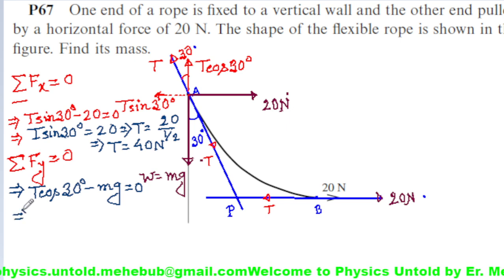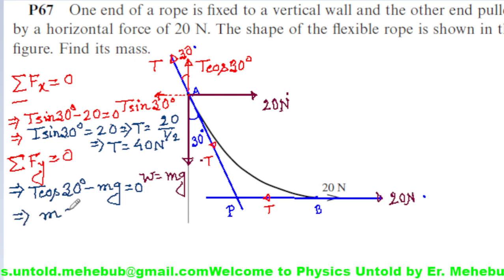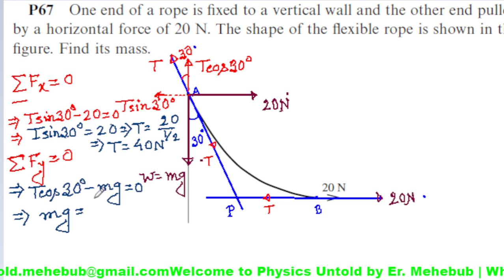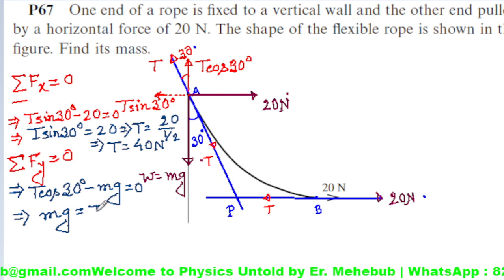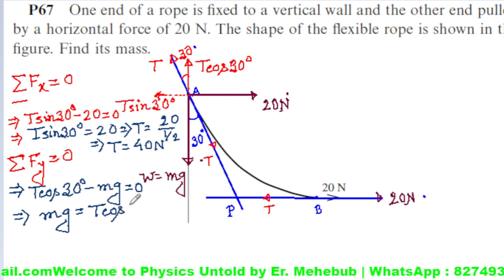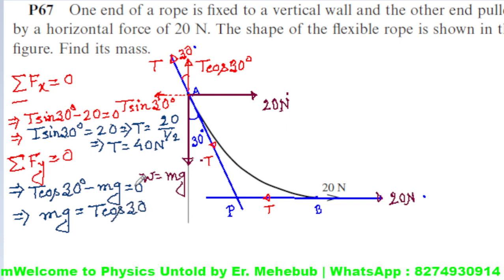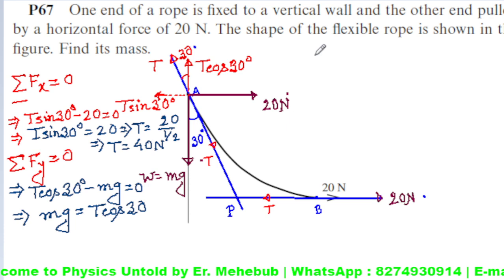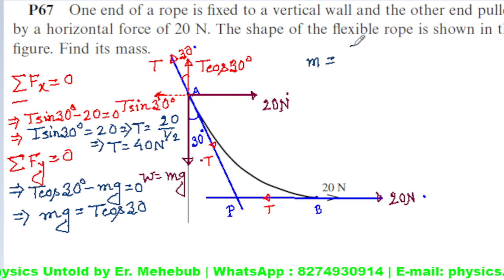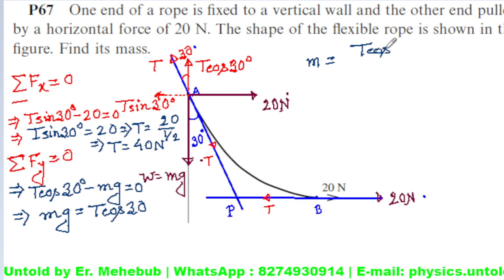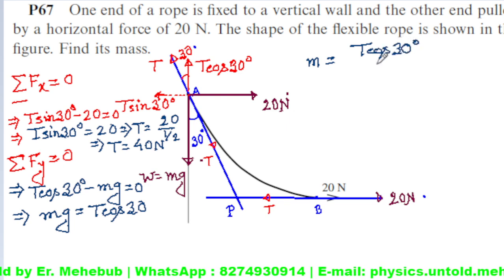From this equation we can write mg equal to T cos 30 degrees, or the value of m equal to T cos 30 degrees divided by g.